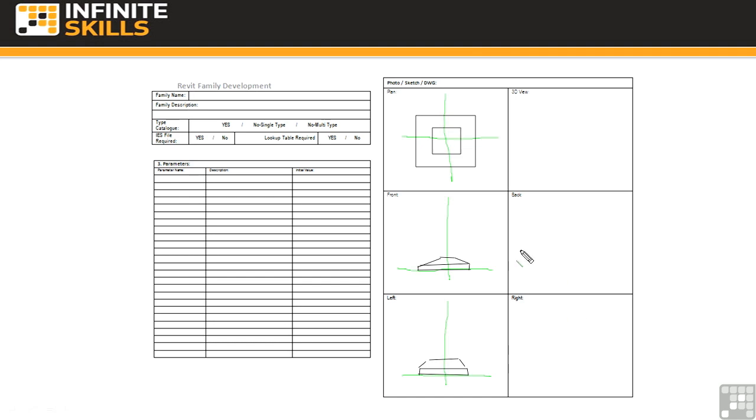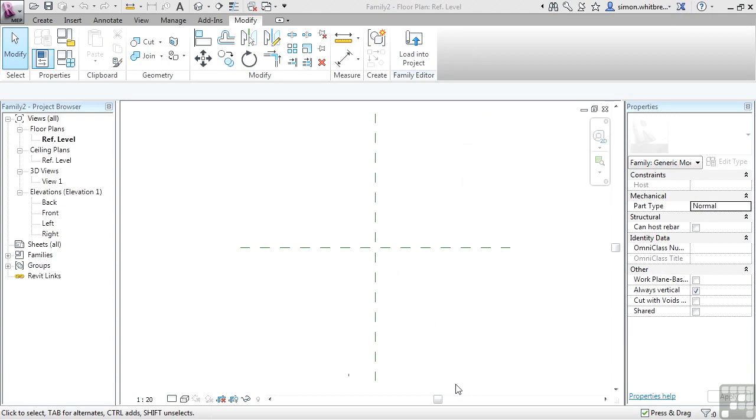Once I've done this, I can then add in my reference planes that I want to create for my family that are going to control the dimensions. And those reference planes will of course extend all the way through the family. So let's transpose what we had in our sketch to something on screen.